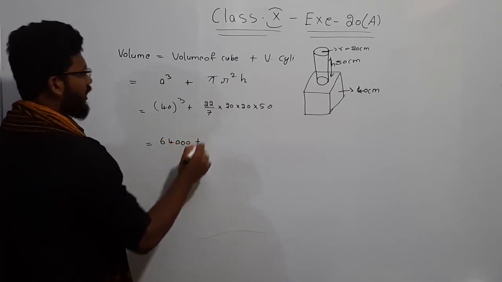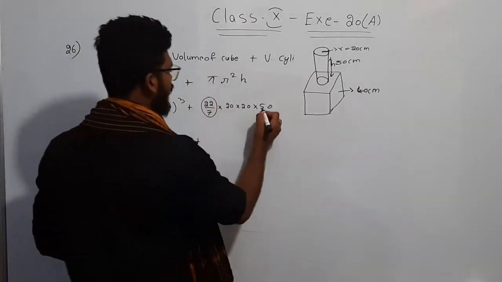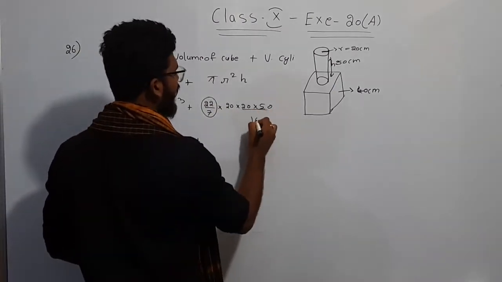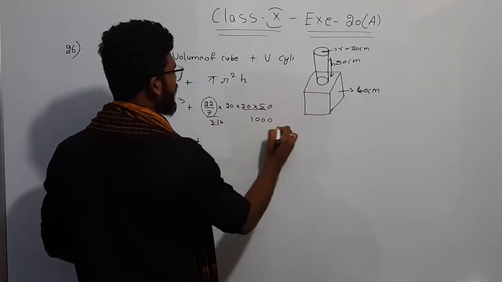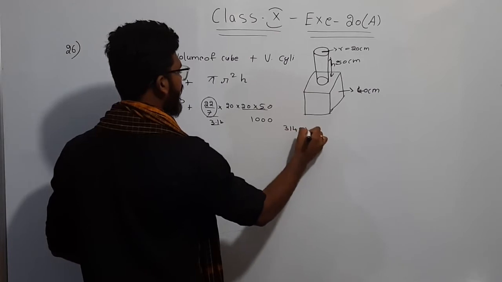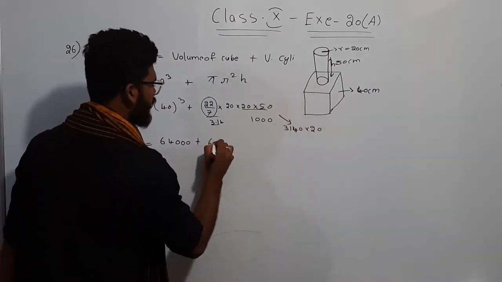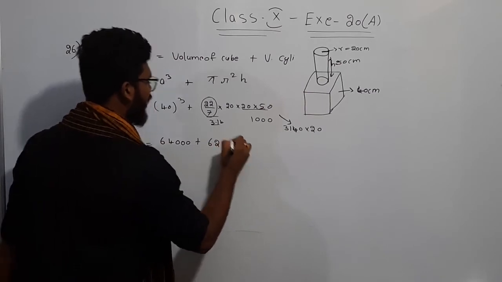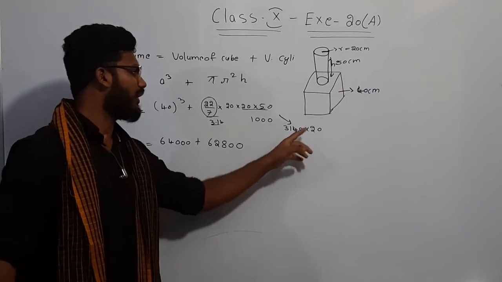plus 22 by 7, it is 3.14. So 50 into 20, how much is it? 1000. So 1000 into 3.14, it is 3140 into 20. So how much will you get? 62800, right? So 314 into 2 is 628.